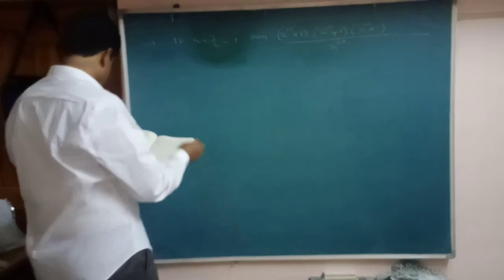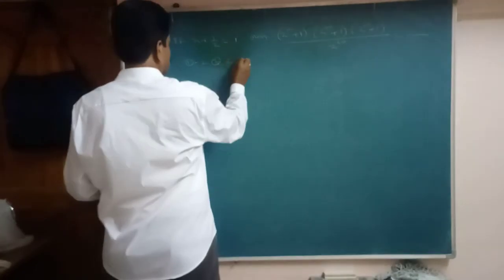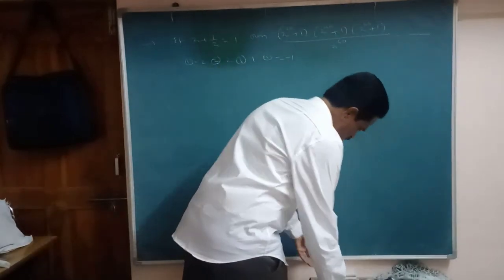So here first one is minus 2, second one is 2, third one is 1, fourth one is minus 1.